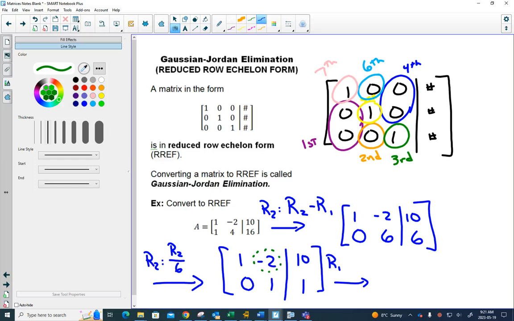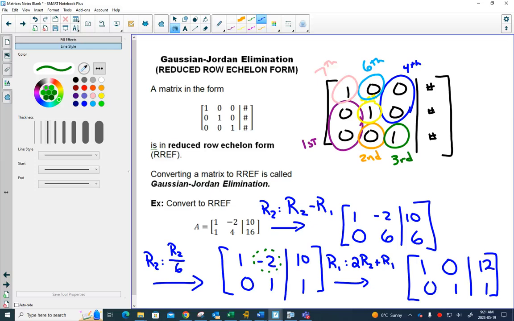I can do that by taking two row 2s and adding it to row 1. Now I'm not changing my row 2 this time, so those stay. And 2 row 2s, that's still 0 plus 1 would still be a 1 there. 2 row 2s plus this will be 0. 2 of these plus this will be 12.